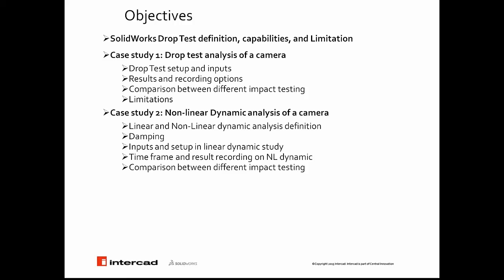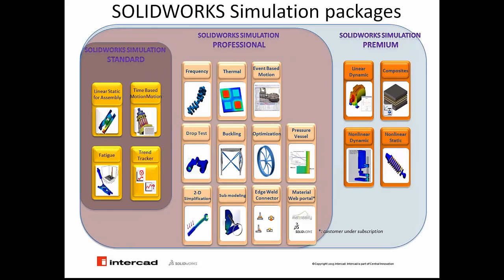And then at the end, we are comparing the different impact testing in nonlinear dynamic as well. So what we're trying to achieve is to see how drop test is working, what the limitations are, and as a complete solution, how linear or nonlinear dynamic studies can resolve a similar sort of problem.